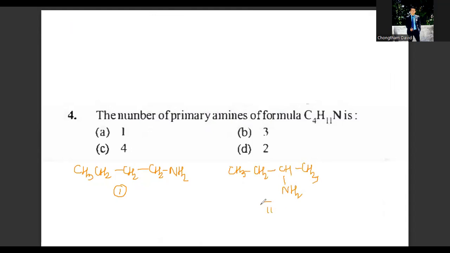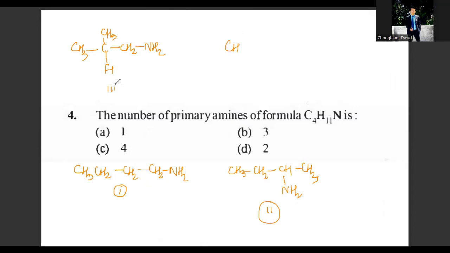Structure number two. Moving on, I'll write in the top for structure number three with the formula C4H11N will be, yes, you can expand this structure. CH2, still a primary amine, but it is having a branch alkyl group.